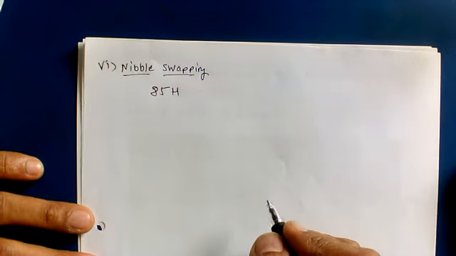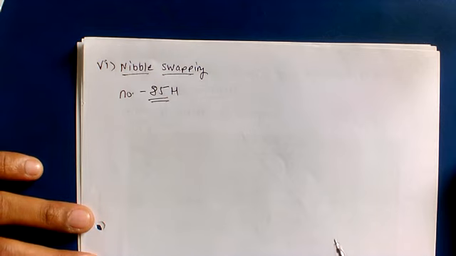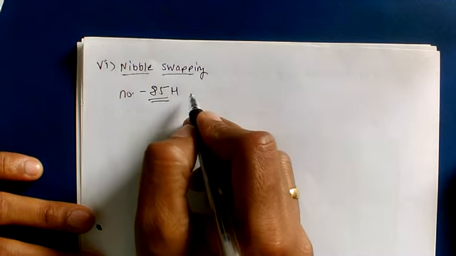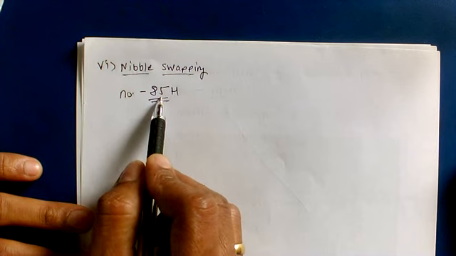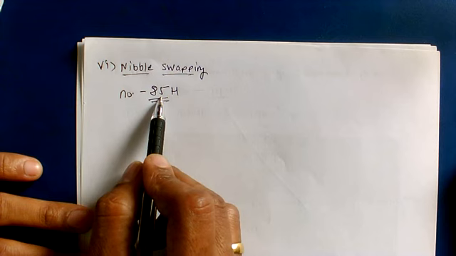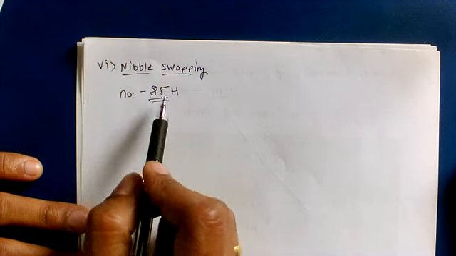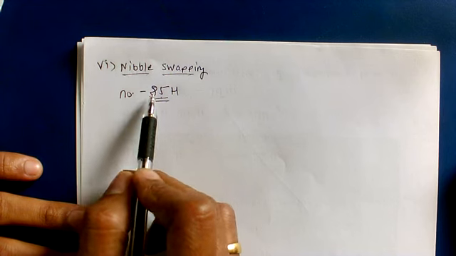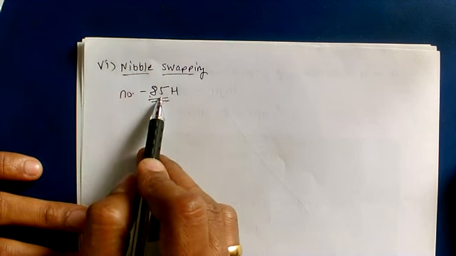Suppose 85 hex is given to you for swapping. So after nibble swapping, the lower nibble, that is 5, should go to the upper nibble, and the nibble available at the upper location should go to the lower location or lower nibble.